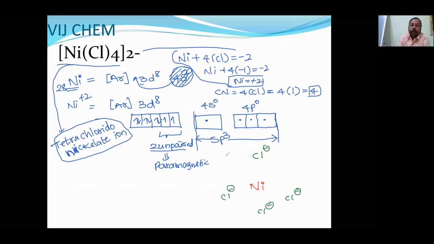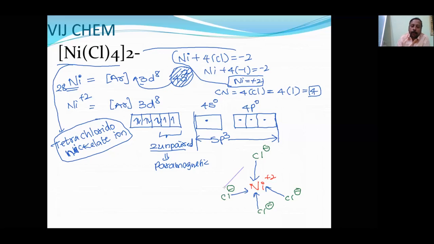Now I forgot to write here nickel +2. So here this will be a coordinate covalent bond. I am representing the coordinate covalent bond with the blue arrow. So this is a lone pair donated by the Cl minus into the empty orbitals of nickel. Now if I join them, what am I going to join? I am going to join the chlorine.